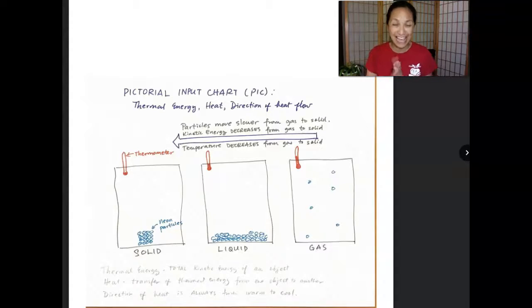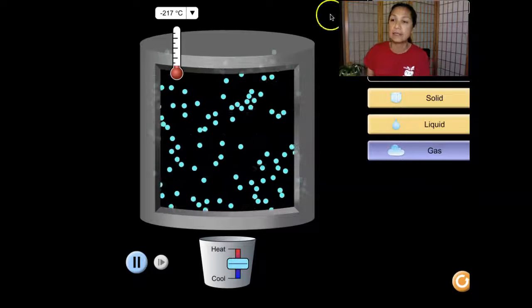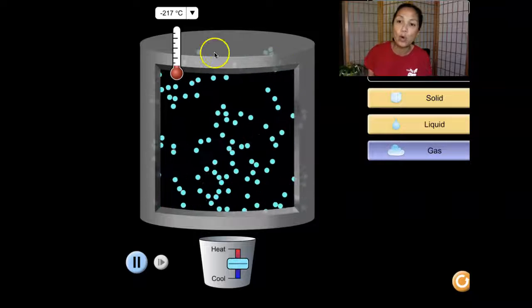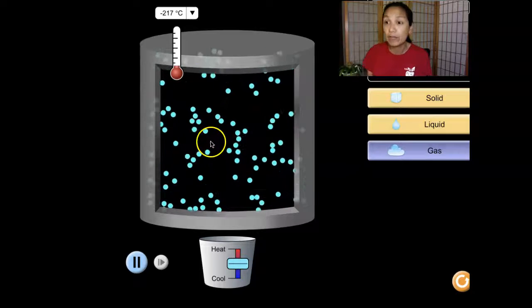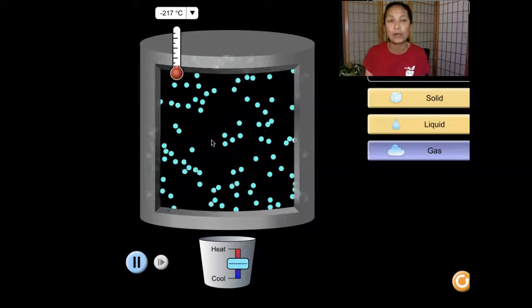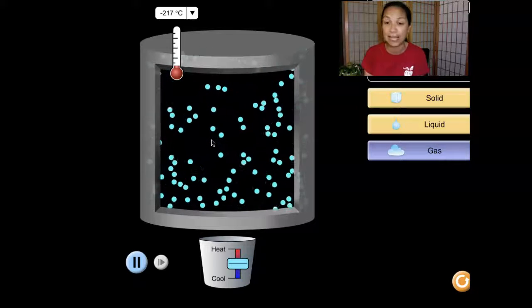You should have learned that thermal energy is the total kinetic energy of an object, right? We've been learning that all of these particles, so let's go back to the simulation, are always moving. The motion of an object is called kinetic energy. Particles are always moving, so they always have kinetic energy.